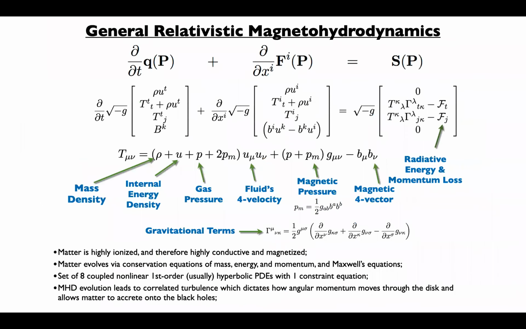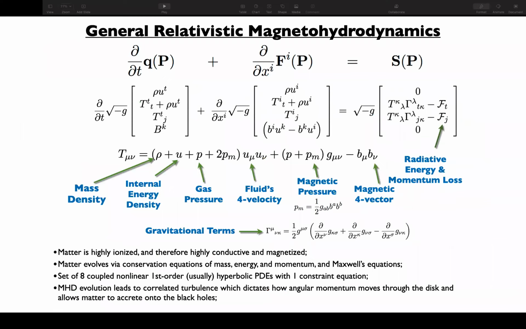So at its core, Harm solves the ideal MHD equations in conservative form. There are non-conservative source terms, though. These are the radiative cooling functions that we use to regulate dissipation heat in the disk so that we can explore thermodynamic effects, different cooling rates, different scale heights of the accretion disk.